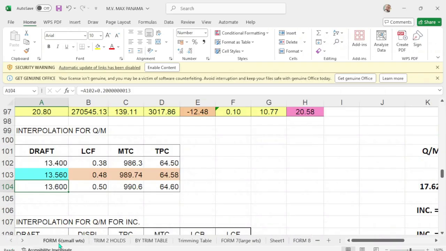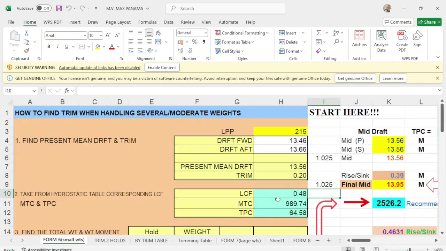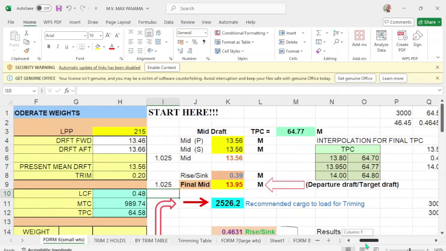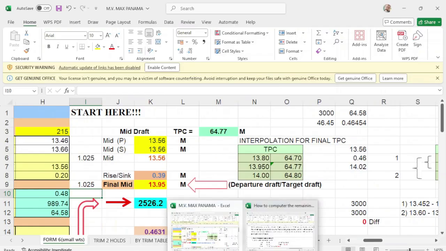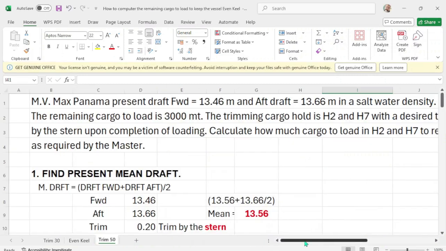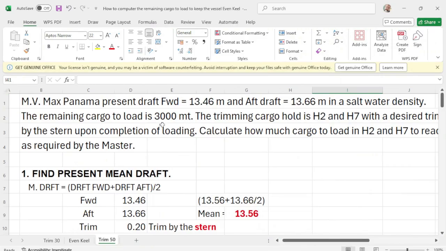We go back to Form 6. This is now confirmed. According to the problem, your trimming cargo to load is 3,000, which will be distributed to holds 2 and 7.